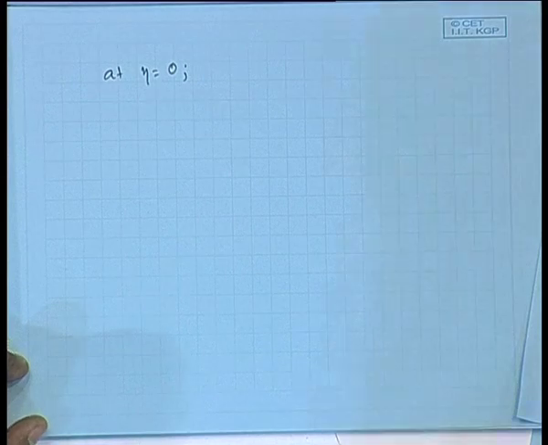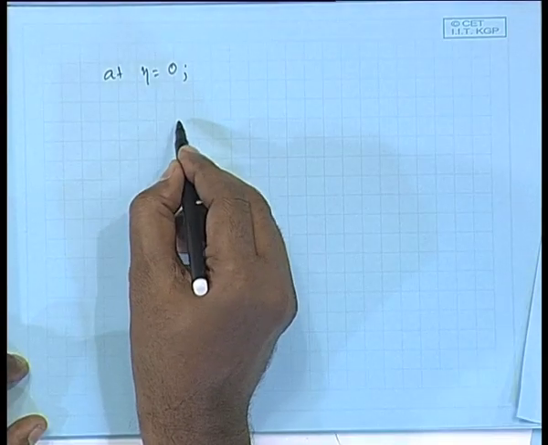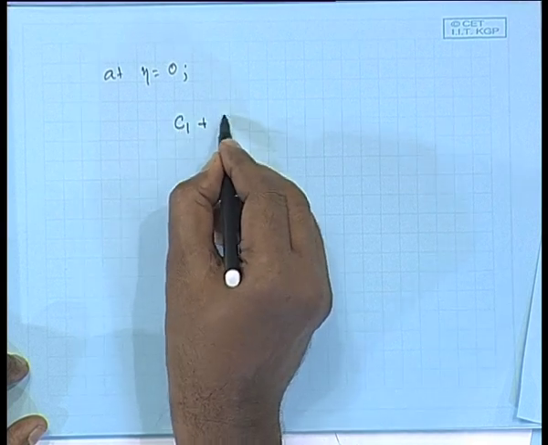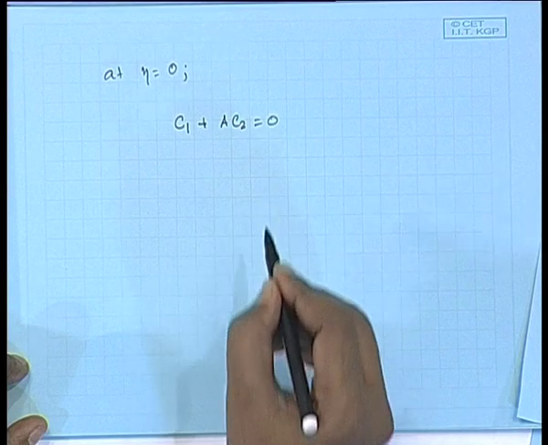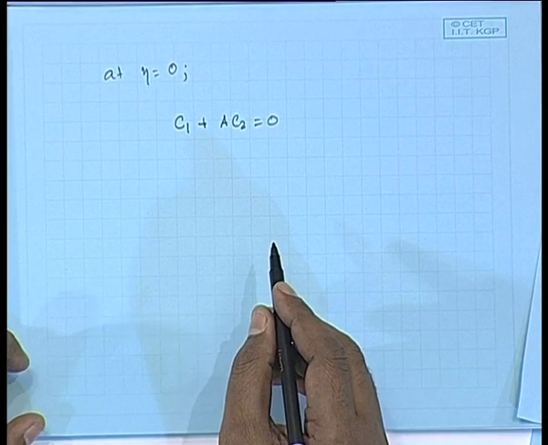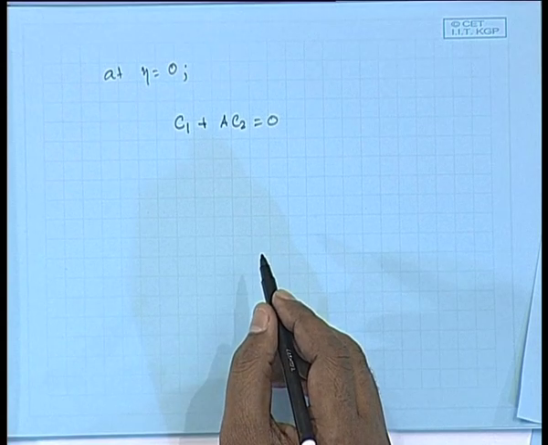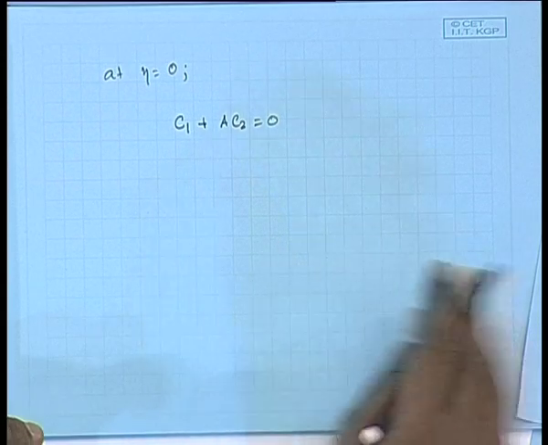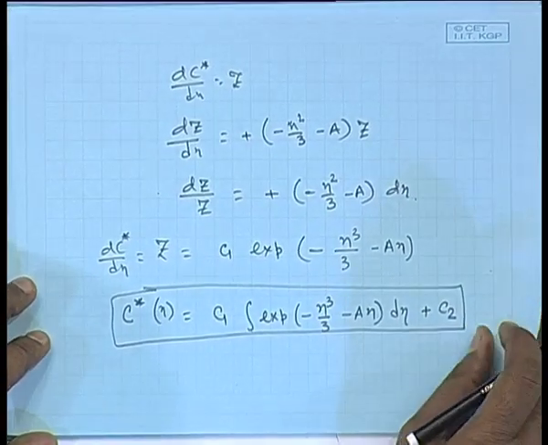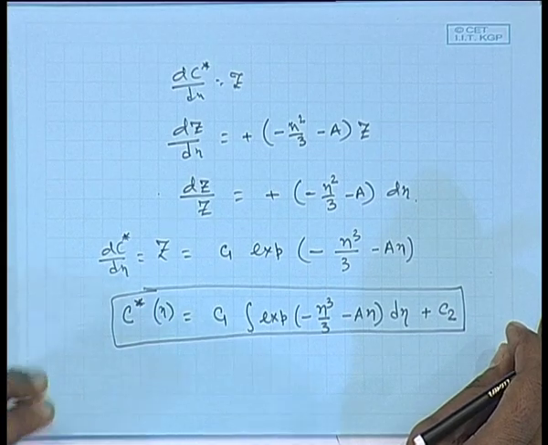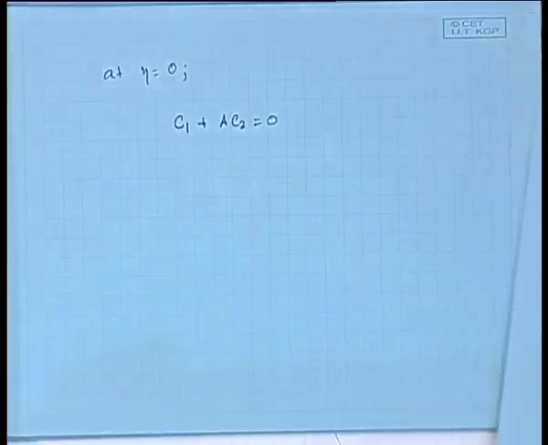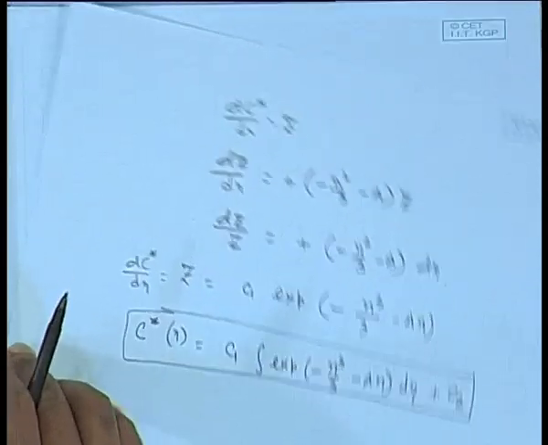So, at eta equal to 0 you have C1 plus AC2 is equal to 0. Am I correct? No. dC star d eta plus AC star. Right, there is one more term, right.